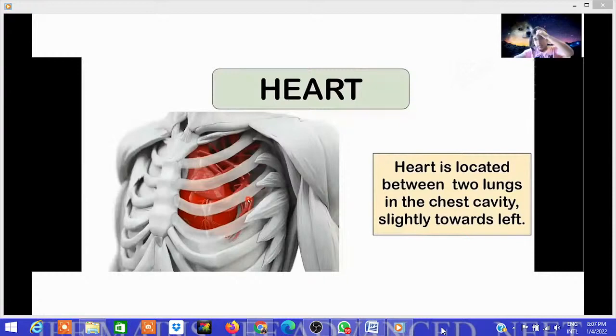Done. Very nice. Do you have any doubts about the heart? Someone asks you where our heart is located, and you can say, yes, I know it is located in the middle of our lungs in the chest cavity. Then you can answer the questions they ask because you are pretty clear about this.